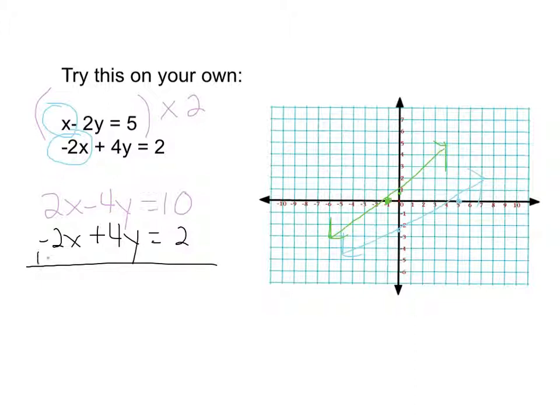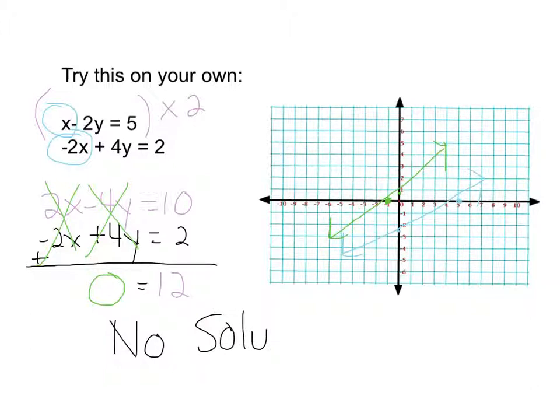If you were to try and solve this, a +2 and a -2 are going to cancel. A -4 and a +4 are going to cancel. We have nothing left on the left-hand side. On the right-hand side, we're adding 10 and 2. That's 12. Does this work? No. Therefore, this is no solution.